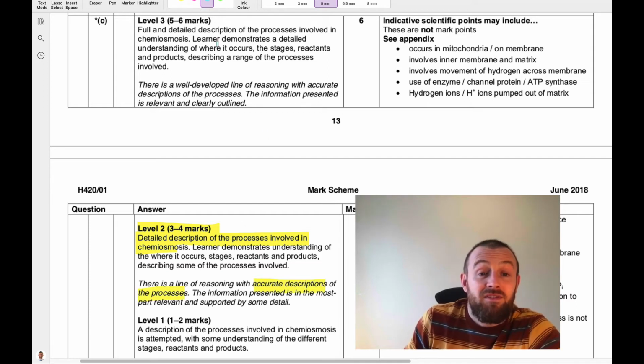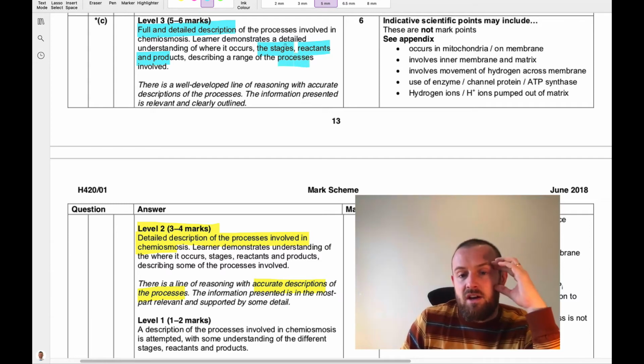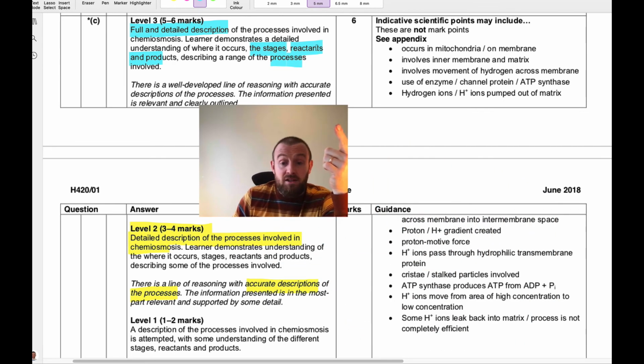Now for the 5 and 6, full and detailed description of the processes. So here, the stages, reactants, and products describing the processes. I guess the stages involve first the generation of the gradient, the reactants involved, for example, ADP and Pi and reduced NAD, and the products, ATP.